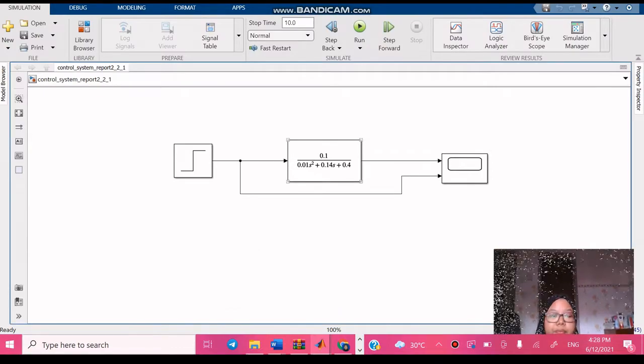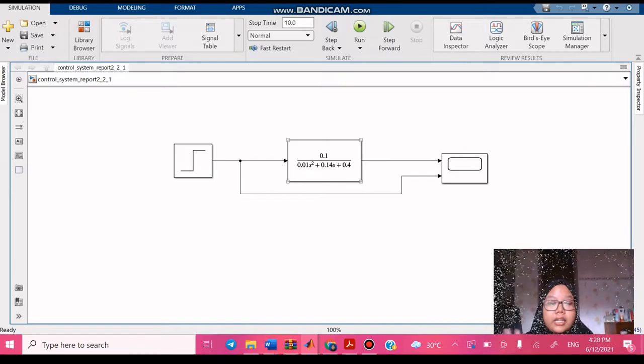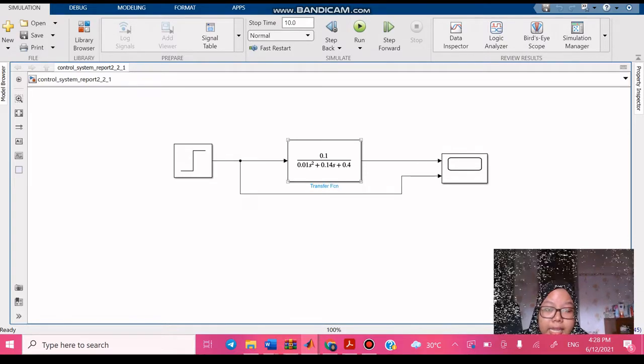So in the question we have to specify the m, c and k values by ourselves. I chose 0.01 as m, 0.14 as c and 0.4 as k.